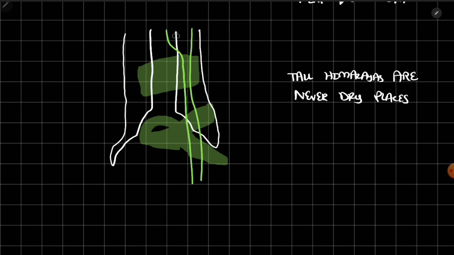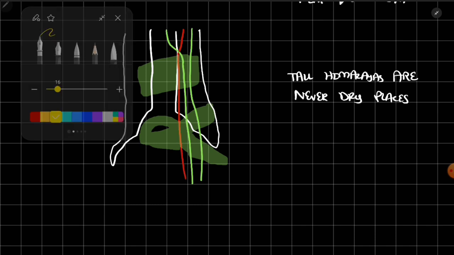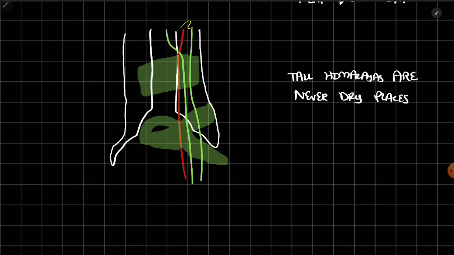Please show this curve of the extensor hallucis longus. Now the artery: above the retinaculum it is like this, and when it comes into the retinaculum it comes like this, the anterior tibial artery. Then the nerve is also like this, and in the retinaculum it comes like this.